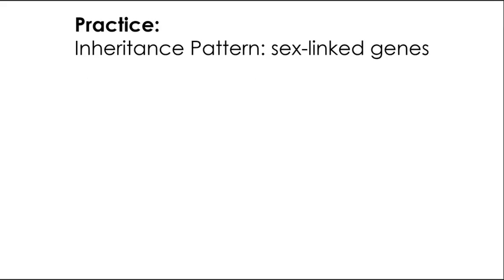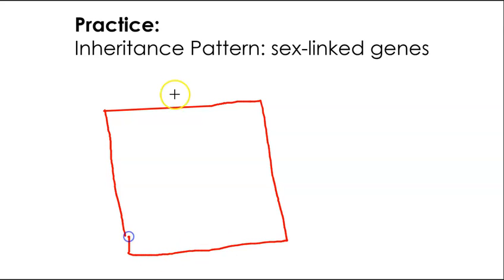So let's take a look at the genotype of those parents where mom is still a carrier for colorblindness and dad is actually colorblind. So if we draw that out, draw our Punnett square again. So mom is a carrier.